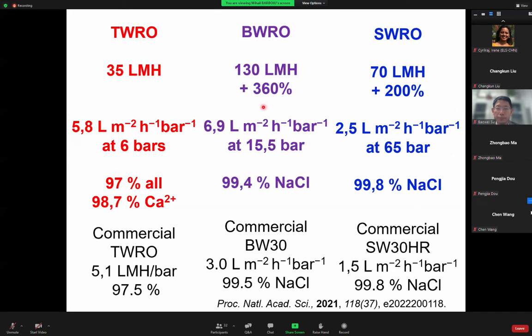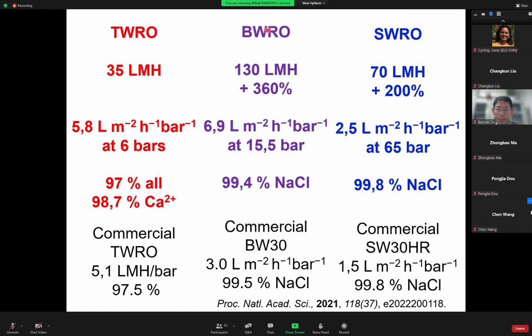In the literature, most people observe 30, 45, 50% increase in permeability by the addition of channels into the system. Here we have several hundreds of percent, not only 200% or 300% more. Looking at the permeability, our membranes are probably the best working in the field of seawater.